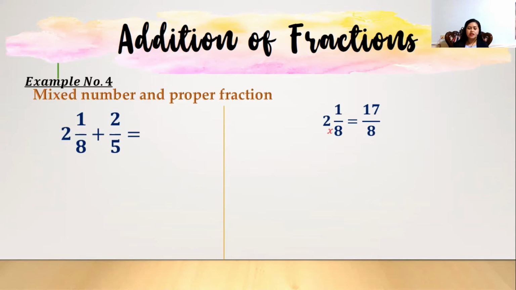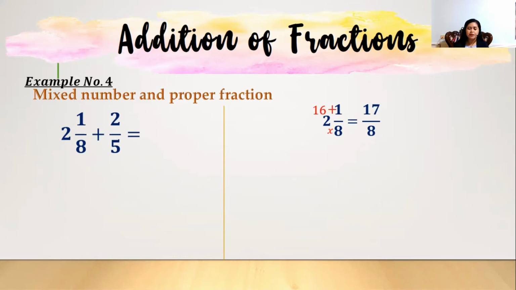So rewriting the given mixed number, we have 2 and 1/8. In the previous video we discussed how to change a mixed number to its corresponding improper fraction. We just multiply the whole number by the denominator and then the product must be added to our numerator.